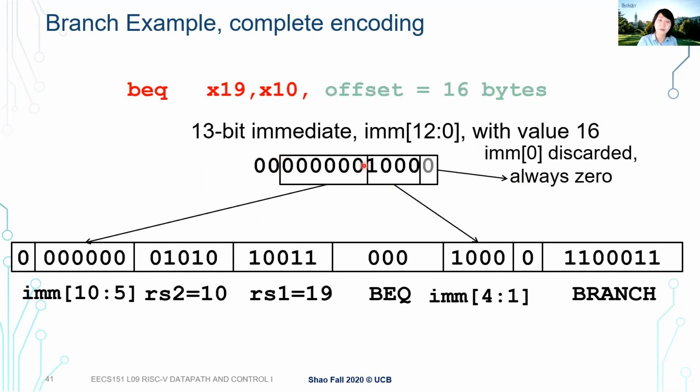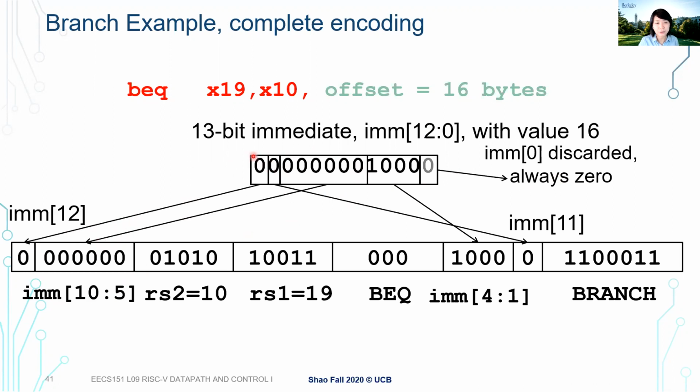This is the same as our store immediate format, where we store the 6 bits in the upper 6-bit field, except the sign bit. Here is where we store the 6 bits, and then we still have the sign bit, which is stored here. One thing different is that we have one more bit of free space. We don't need to store the LSB anymore, because it's always 0.